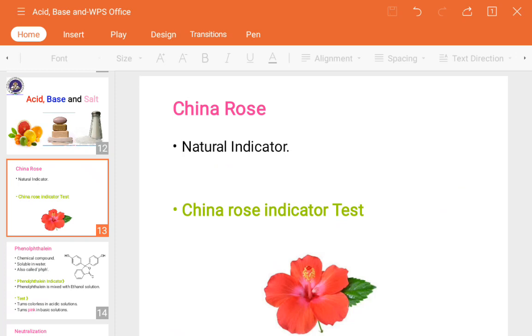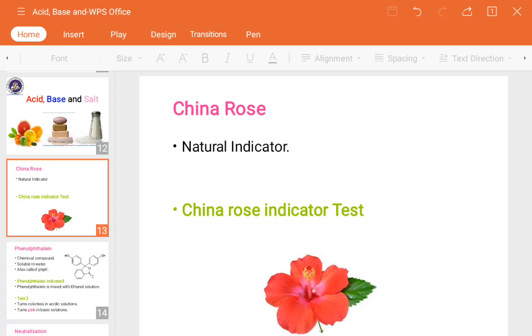Later you can see a colored solution. The water we took for warming was colorless, but after some time it becomes a red color solution.